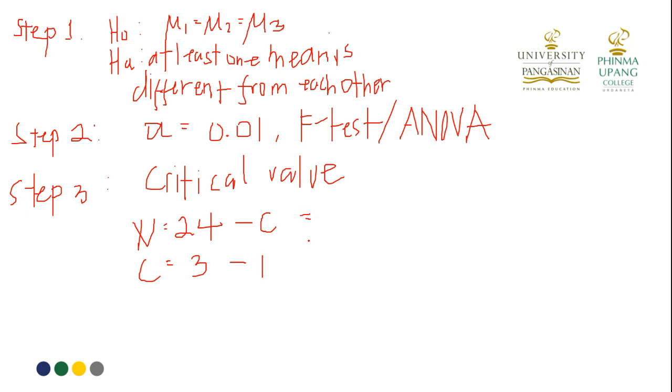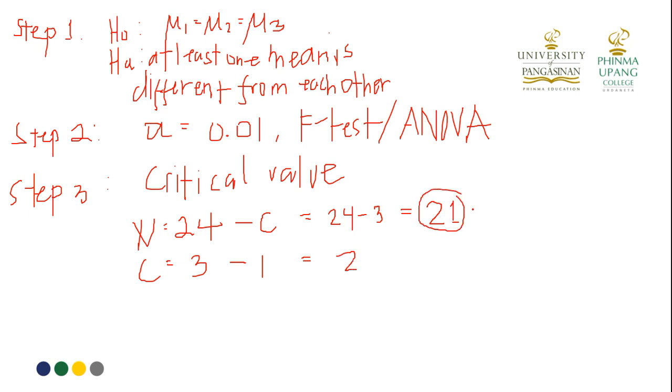So, ilan na yung sagot dito? If your C is equal to 3, you need to say 24 minus 3 is equivalent to ilan na yan? 21. 21 na siya, di ba? Ito naman, ilan yung C natin? 3 minus 1? 2. Yan.